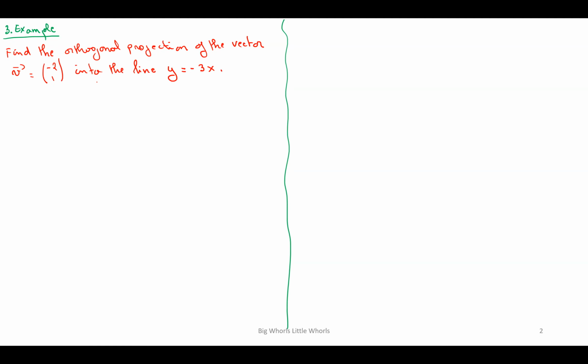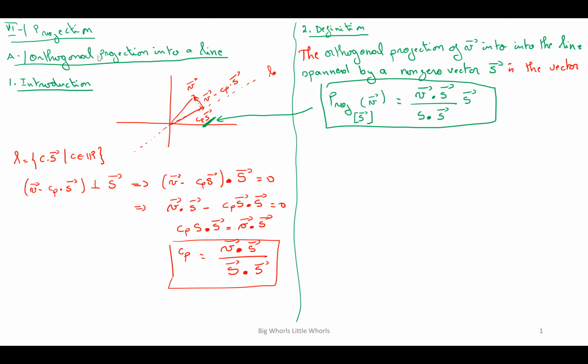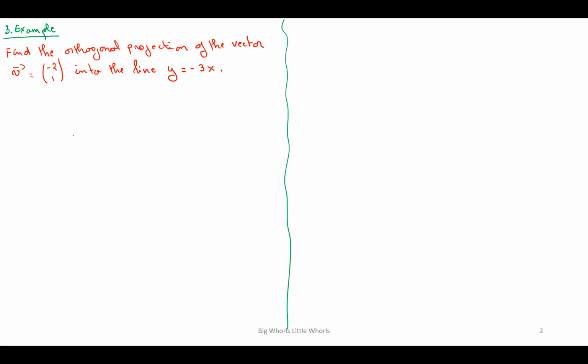That's our line. To be able to do that, we have the equation of the line, but we need the vector that is spanning the line, so we need S. Let's start the solution here.